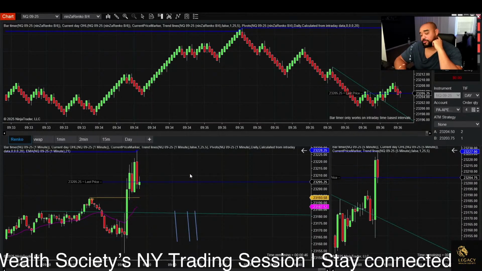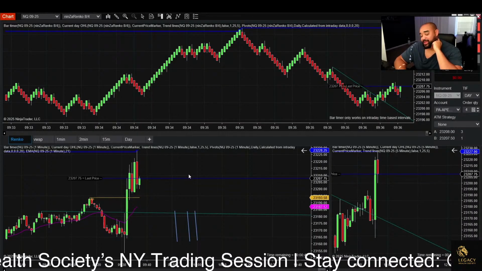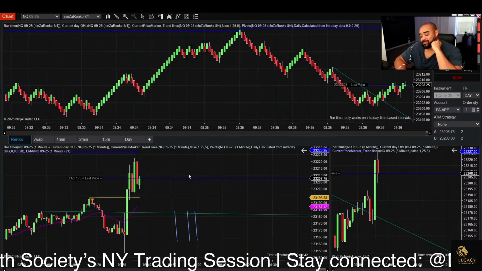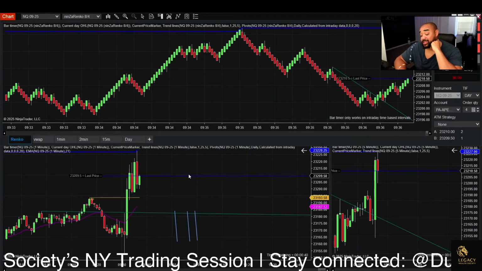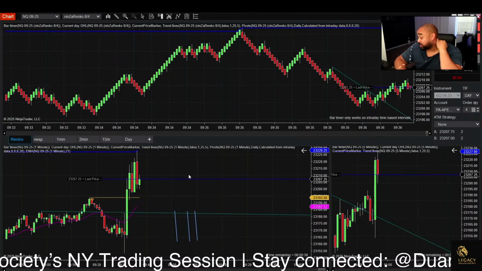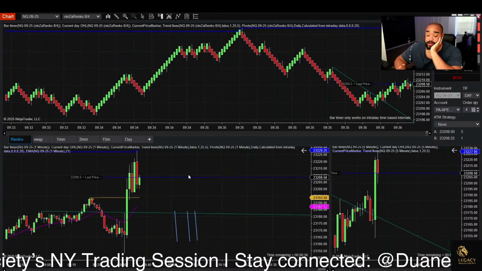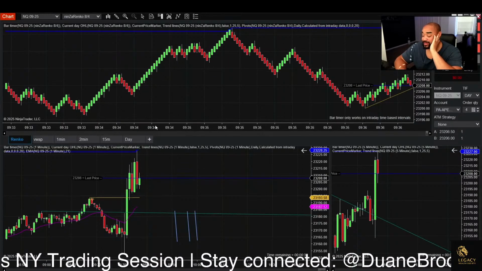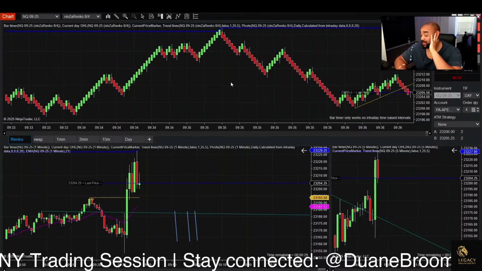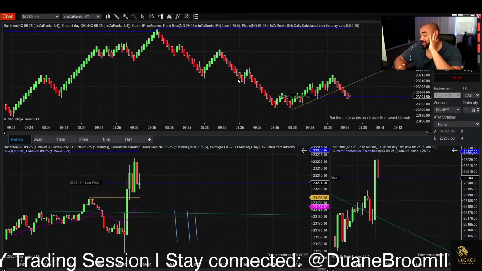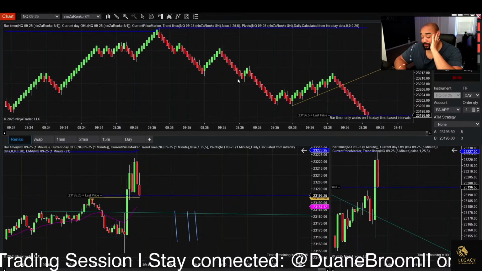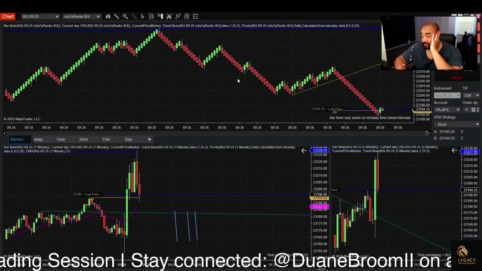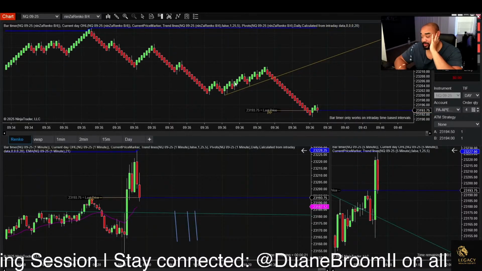Looking at the 2 minute, we got those wicks on the past 3 candles on the 2 minute there. On top. So sellers definitely trying to step in. Let's see what we get. There they go, retracing.